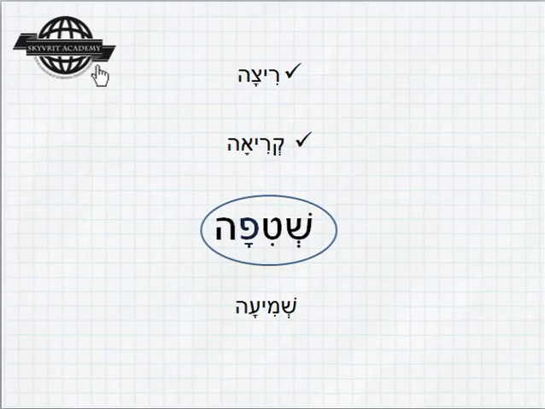By listening to it. Ira, ritza, kria, shtifa, shmi'a. All this group is simply pa'al. This is the name of this group. It is called pa'al.